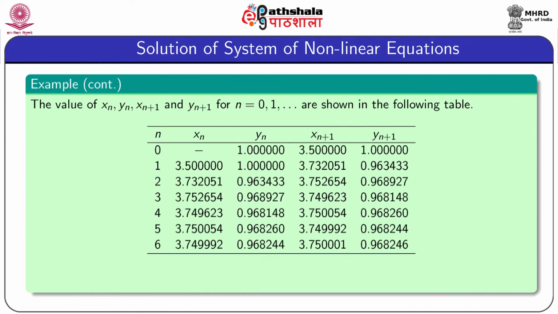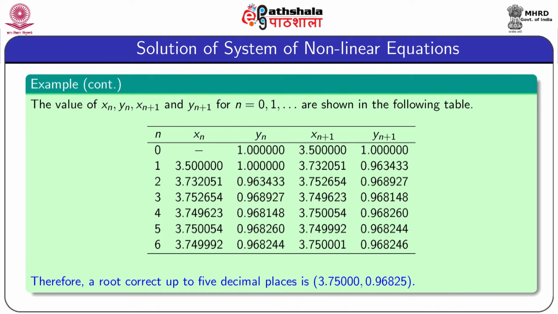The values of x_n, y_n, x_{n+1} and y_{n+1} for different values of n are shown in the following table. The first column represents the iteration number, the second column represents the value of x_n, and the next columns are the values of y_n, x_{n+1} and y_{n+1}. Note that this iteration scheme converges at iteration number 6, and the convergent value of x_{n+1} is 3.75000 and the value of y_{n+1} is 0.968246.